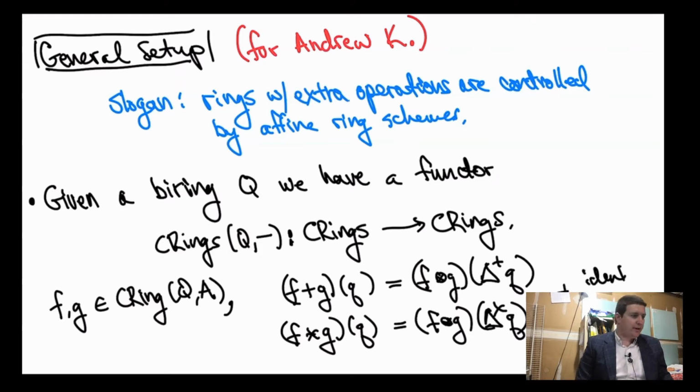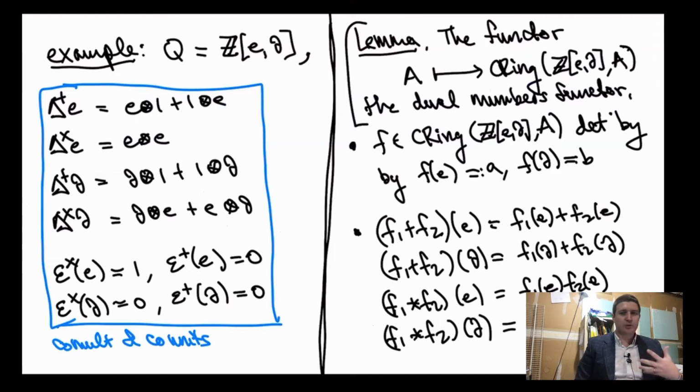Once you have one of these, you can take sections of this projection, supposing that you have a projection, and that gives you your extra operations. But there's more. I just wanted to write this down so you can see it, or do it yourself. It's an easy exercise to show that if I take this biring with the identity operation, we think of these birings as housing the operations, like a ring of operations.